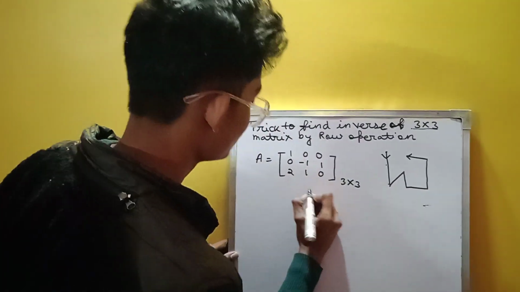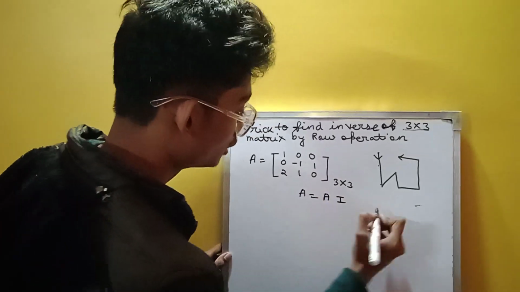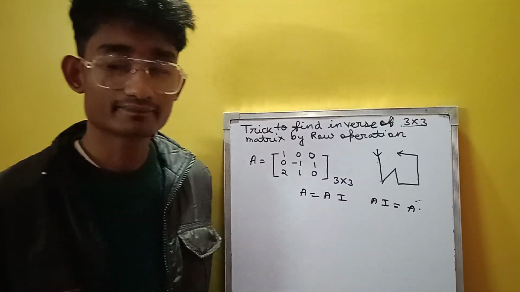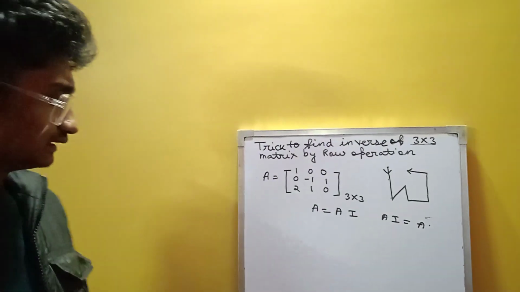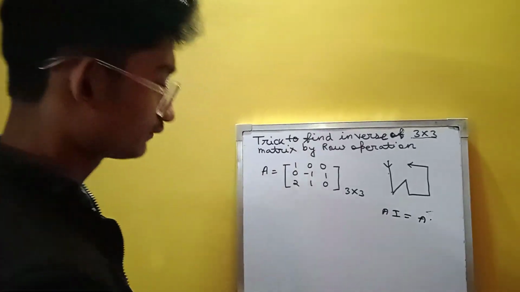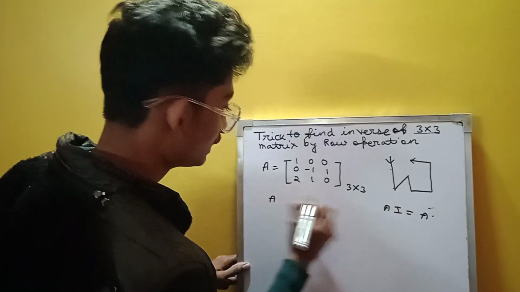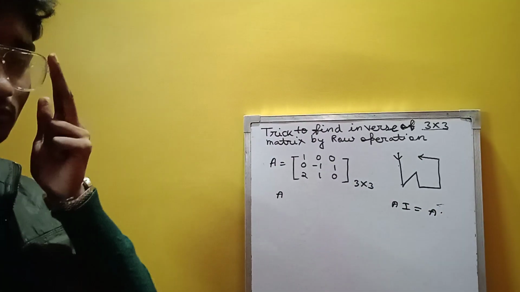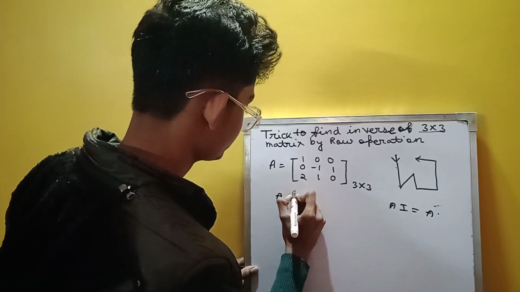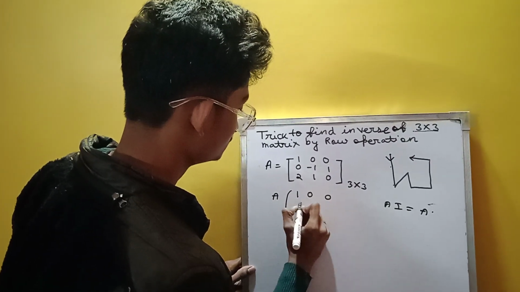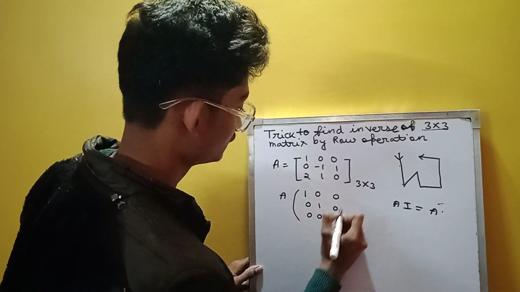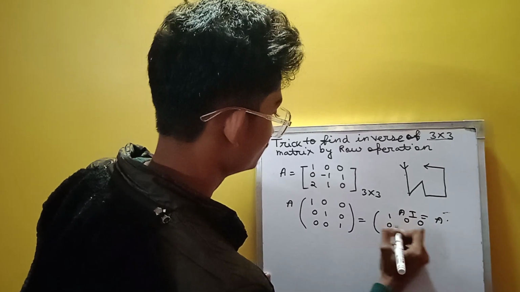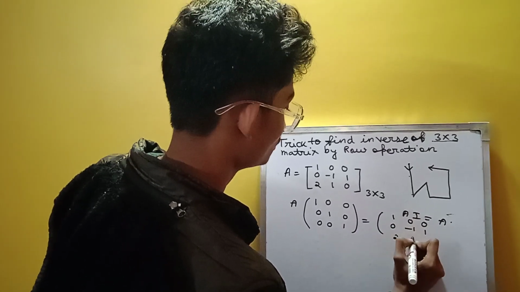Okay, so A equals A into I, or A into the identity matrix equals the original matrix. Multiplying any matrix by the identity matrix always results in the original matrix. The identity matrix is 1 0 0, 0 1 0, 0 0 1. So 1 0 0, 0 1 0, 0 0 1 equals A, what is A? 1 0 0, 0 negative 1 1, and 2 1 0.